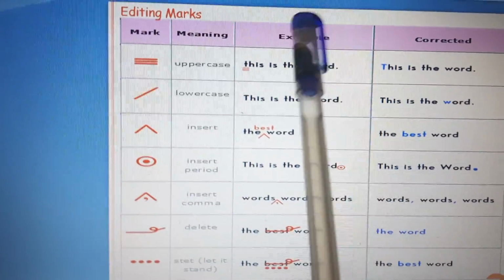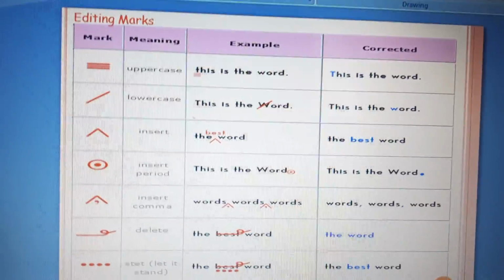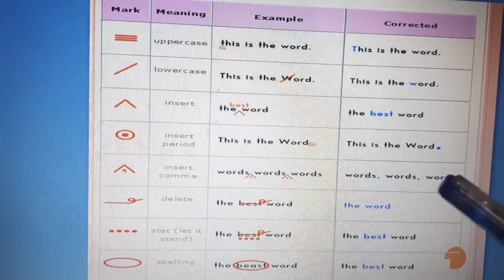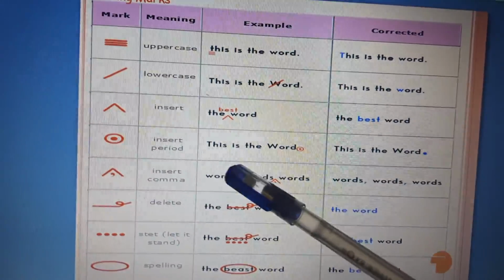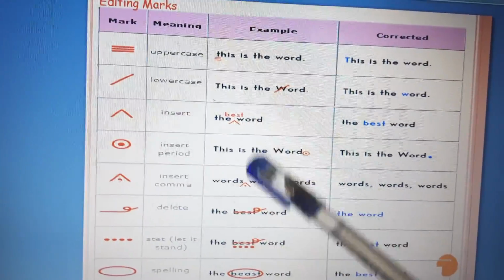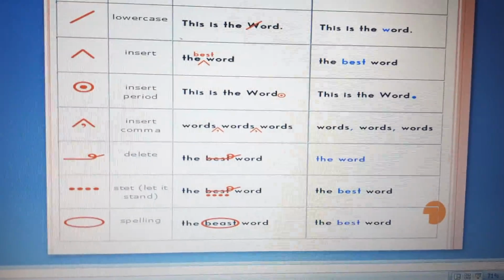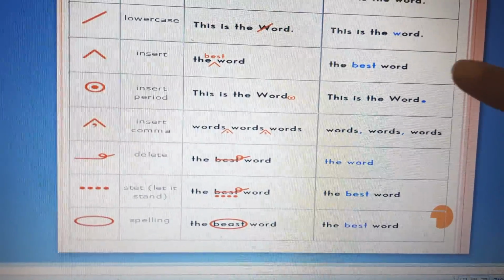You should write like this in a capital letter, because maybe it's the beginning of a new sentence, or the beginning of the first paragraph. Here you should use a small letter. And this one, insert: you have to add a word. This one, insert a period, because you finished your sentence.